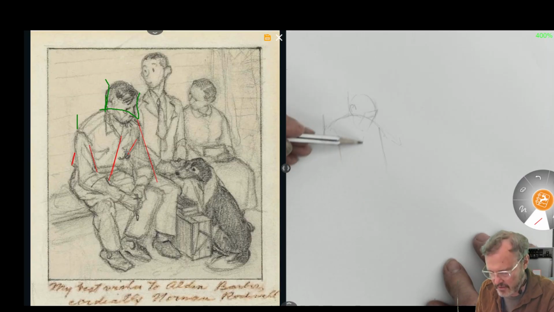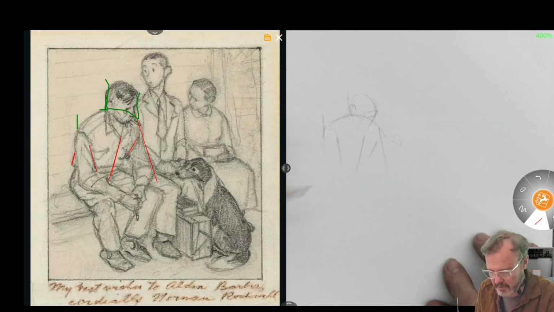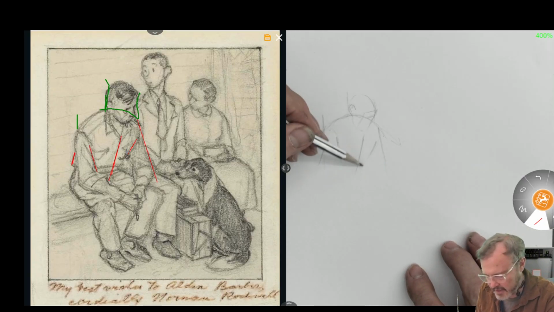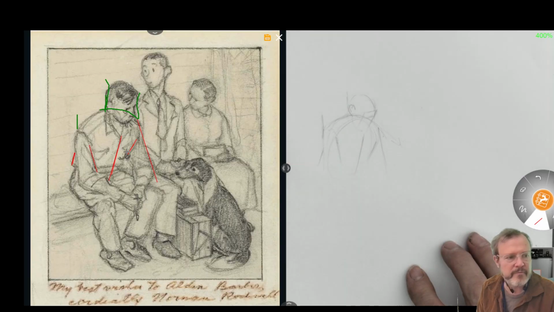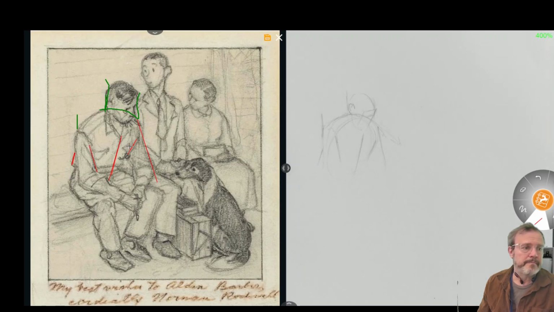Let's go ahead and try to draw the sternum and this little plane change here and this little bit coming out here. It might be helpful to actually think about his rib cage, and how it's tilted forward. And we're going to do a little measuring to just find out where we might put his seat.